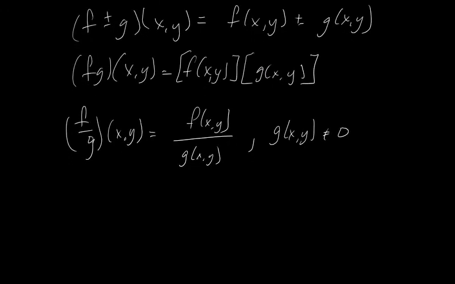All right, and then composing works again in a very similar method. So here we have to change this up a little bit. Let me just write that down. Composition of multivariable functions.